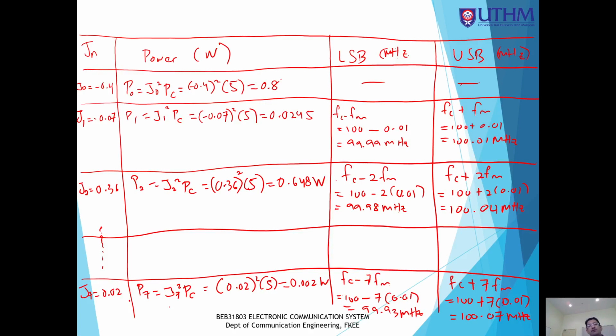So using the table, you get the power values and also the frequency values. From here, you can draw the spectrum. How to do the spectrum?